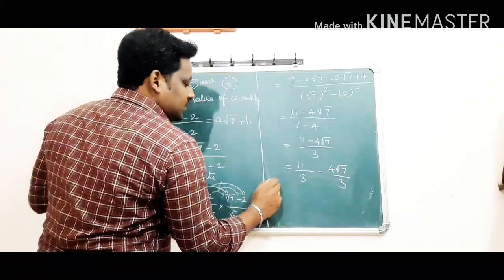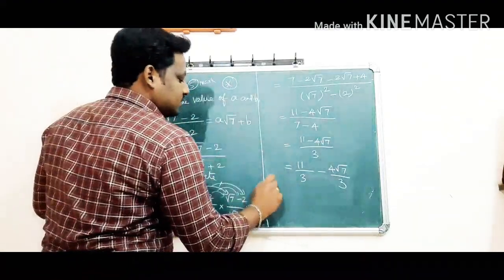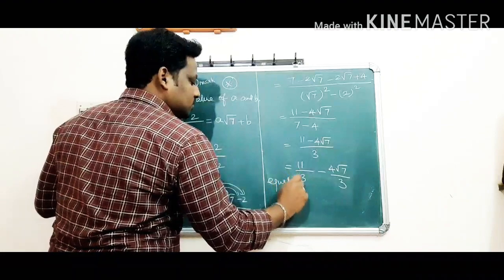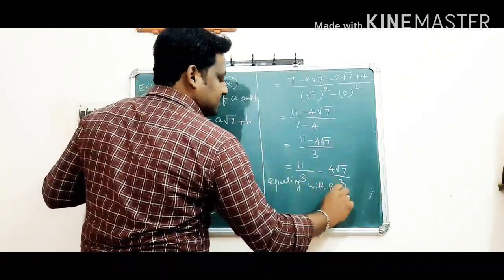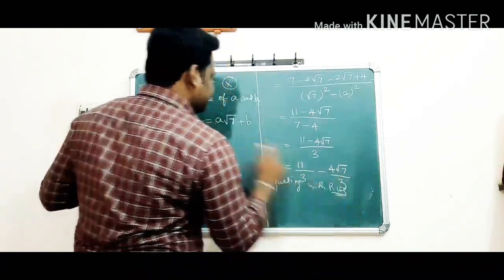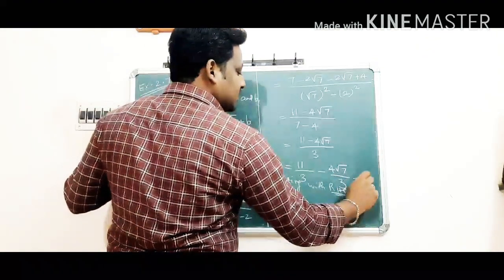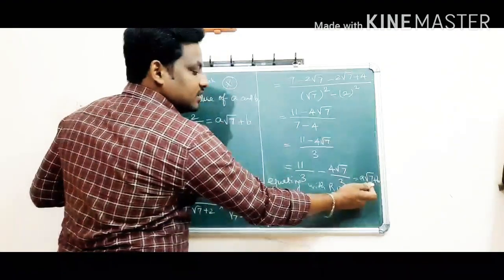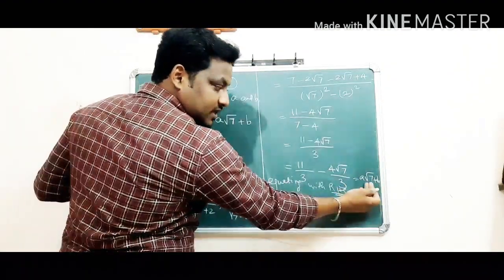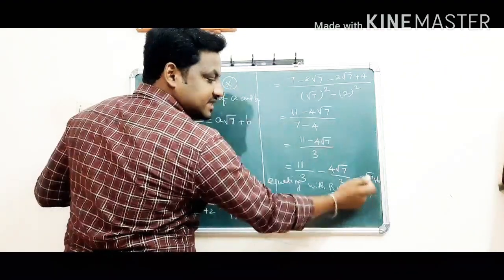Now equating with the right hand side RHS term, what is given? A root 7 plus b, which means the coefficient of root 7 is taken as a.